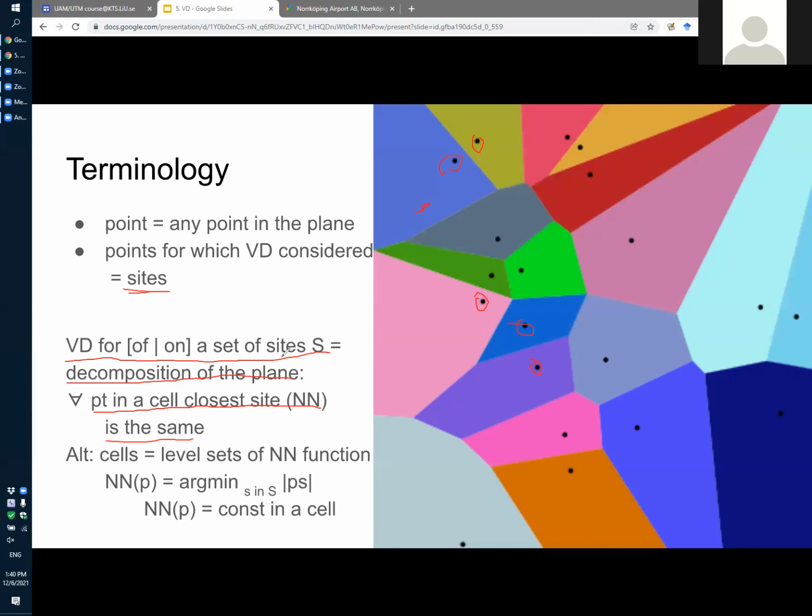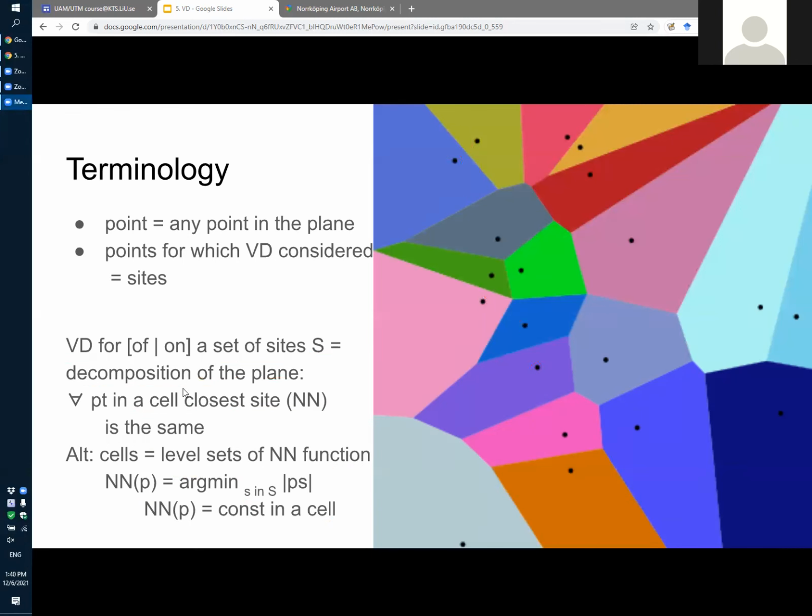Or if you want to speak in terms of functions, then the cells are the level sets of the nearest neighbor function, where the nearest neighbor of a point is essentially the closest site.